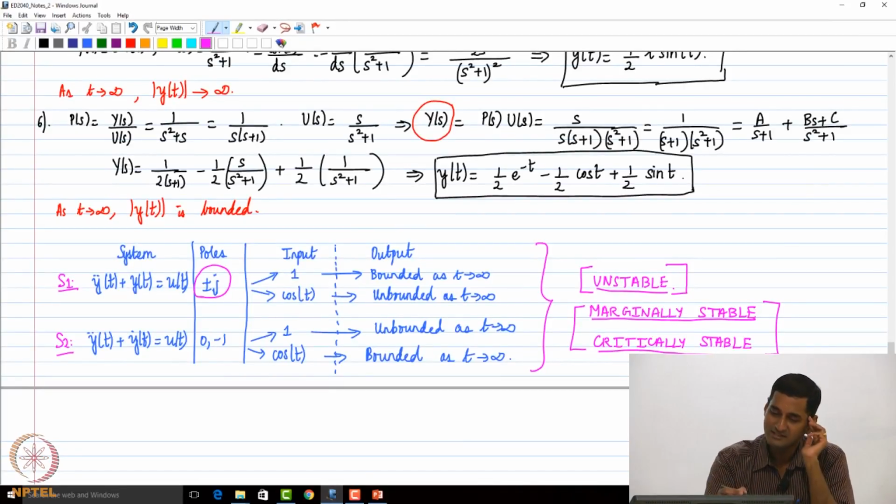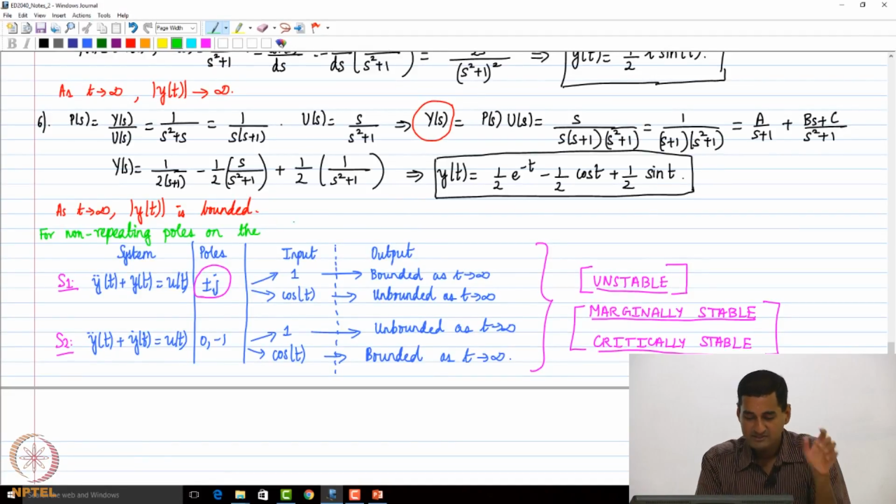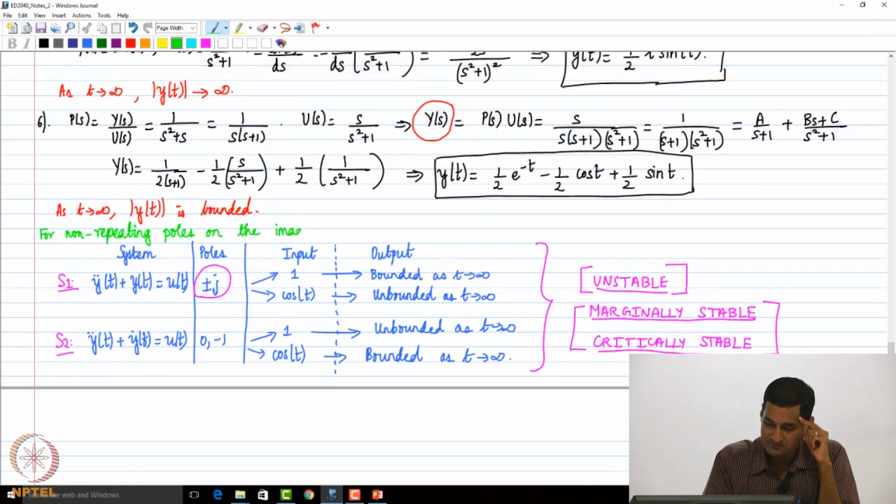So this result is true only for non-repeating poles on the imaginary axis.